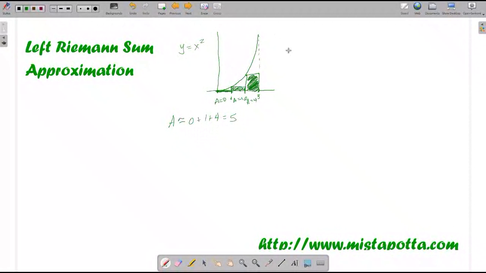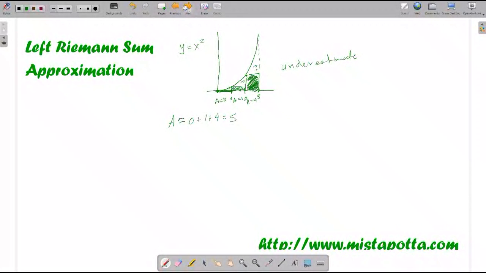Now I'm looking at this, and this is obviously an underestimate, because I'm certainly ignoring all of this area here. And so maybe a left Riemann sum is not the best Riemann sum to look at for this curve.